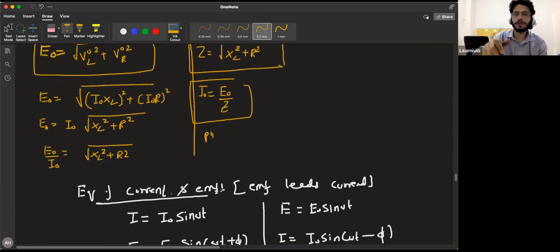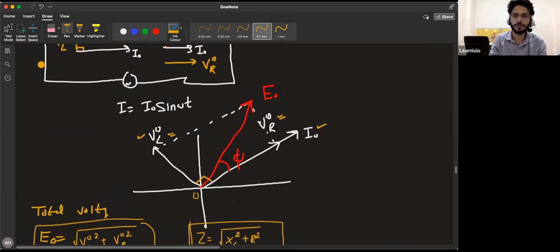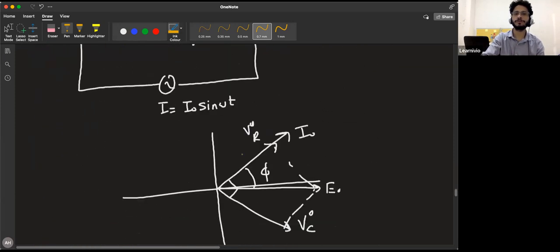So when you calculate the phase difference, look at this right angle triangle. This is O, this is P, this is Q. In this right angle triangle, you can calculate the value of tan phi.